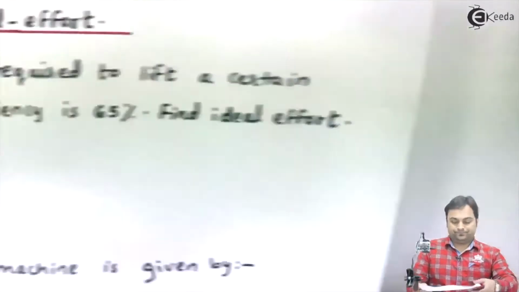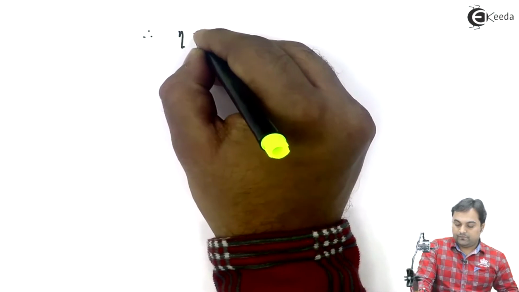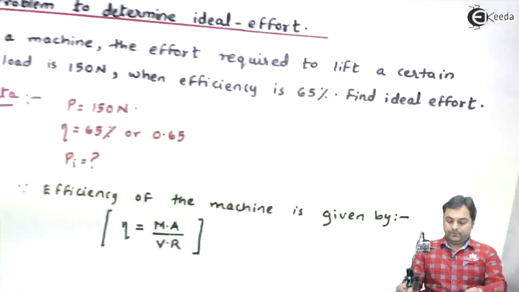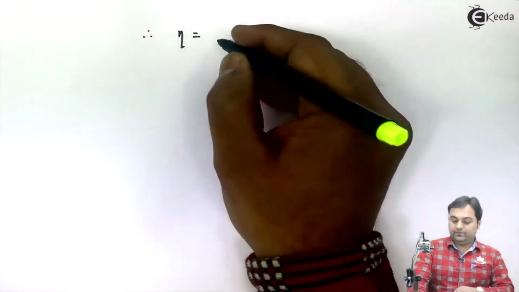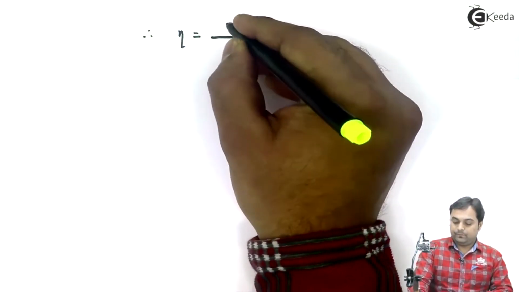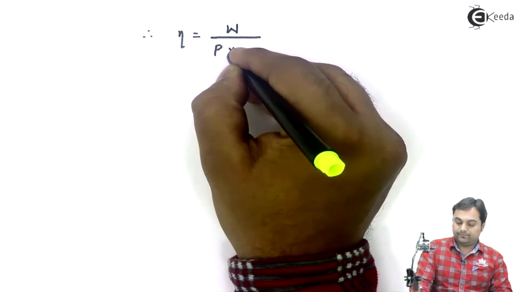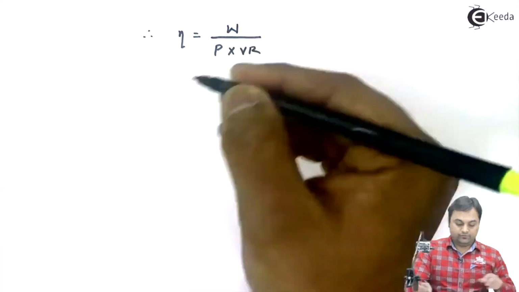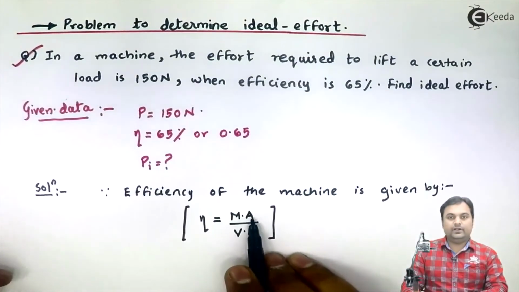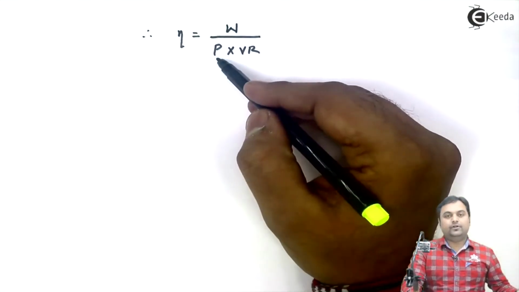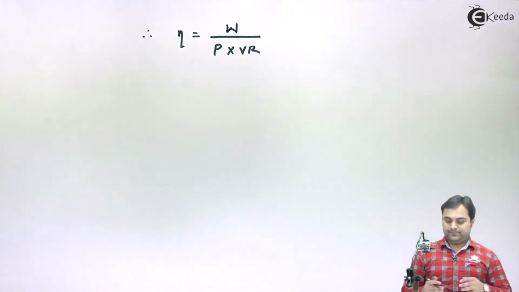So therefore efficiency will be equal to, here for mechanical advantage we know that it is equal to load upon effort into VR. What I have done is simply I have replaced mechanical advantage with the formula of load upon effort, because we know mechanical advantage is the ratio of load upon effort.